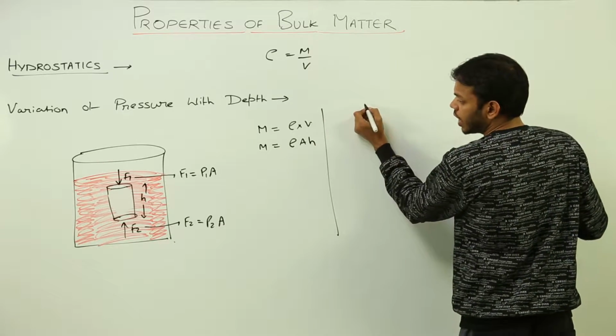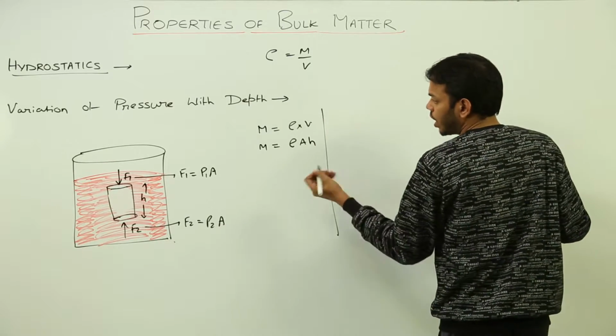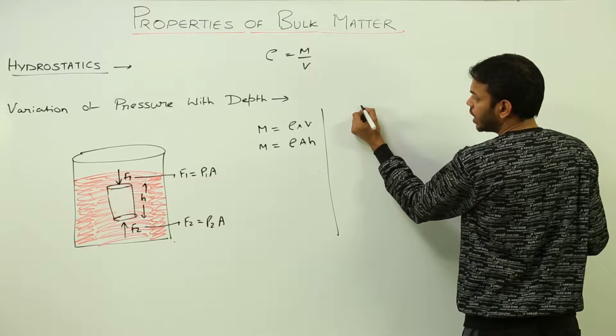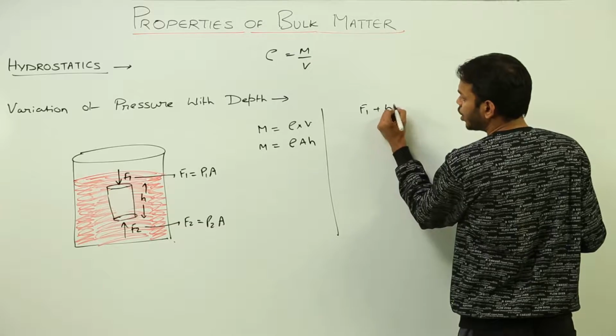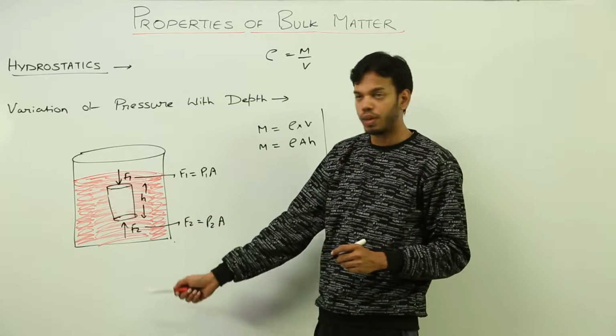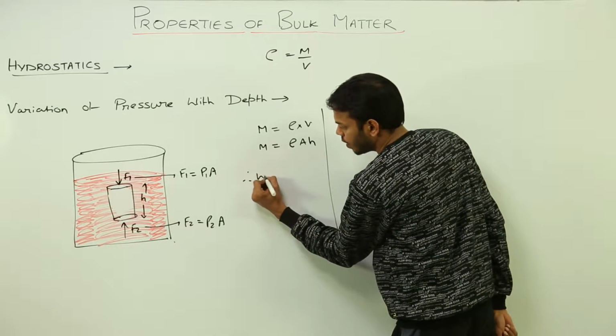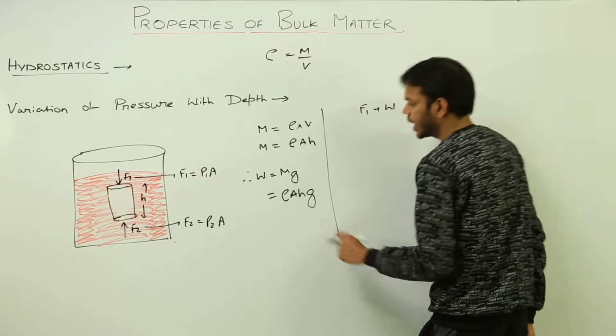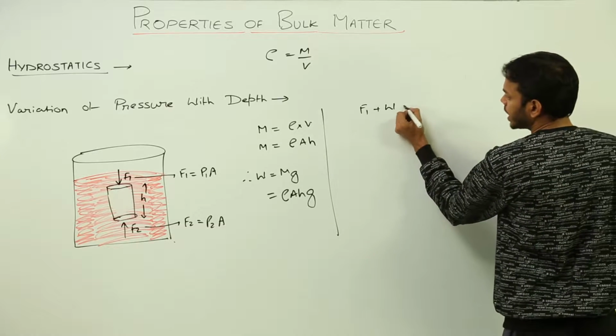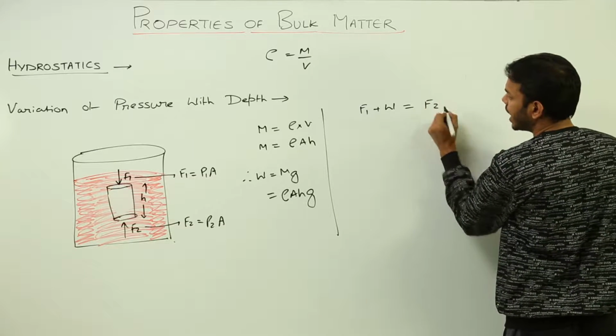The upward and downward forces are equal. The downward forces are F1 plus the weight of the liquid column. Weight acts vertically downwards, and it equals mg, that is rho A H g, where g is the acceleration due to gravity. This will be equal to the upward force, which is F2.